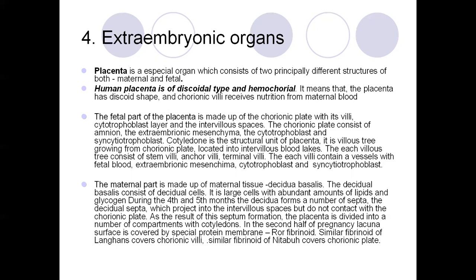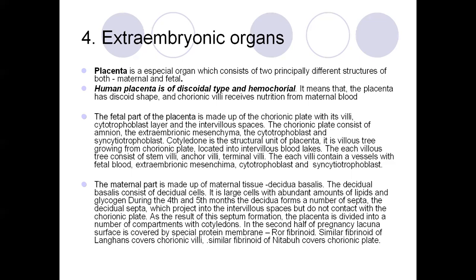There are different types of placenta in mammals. In humans, the placenta is of discoidal type and hemochorial. It means that the placenta has a discoid shape, not an oval shape, only discoid shape.